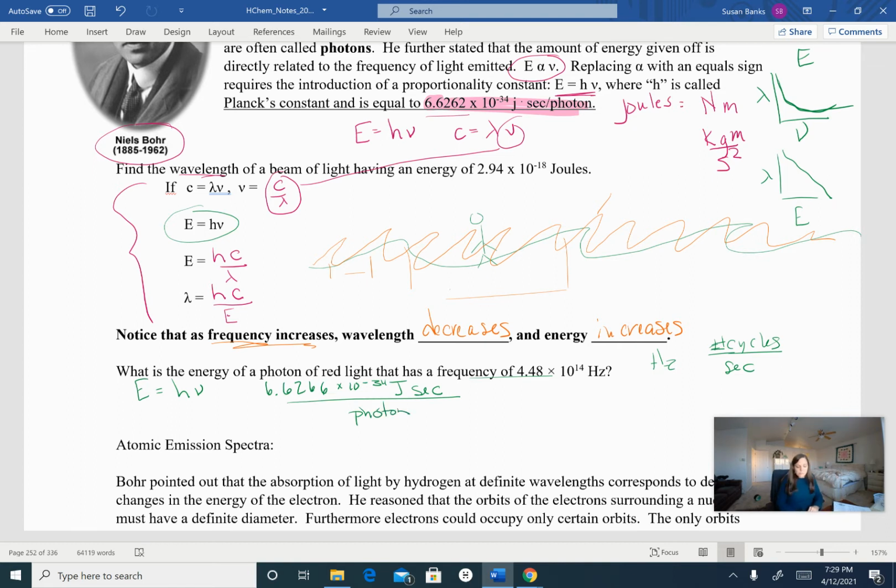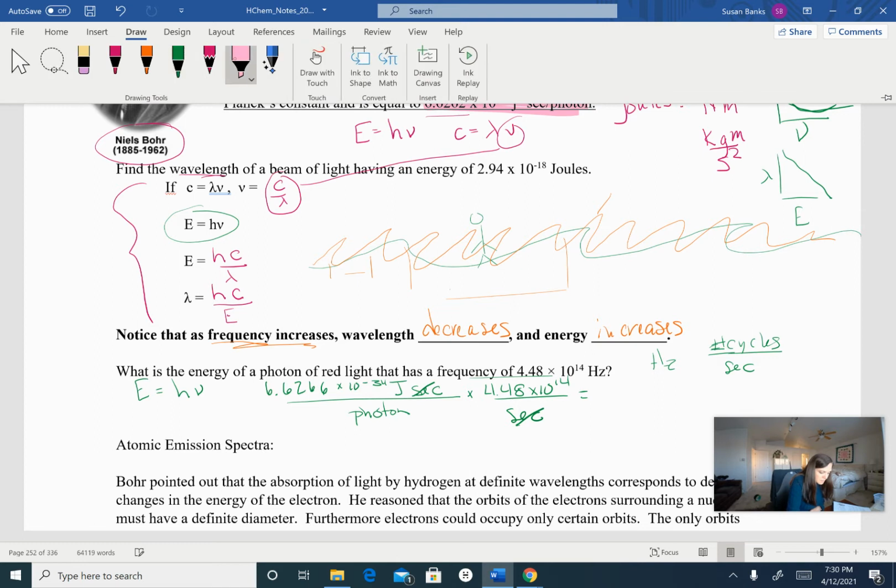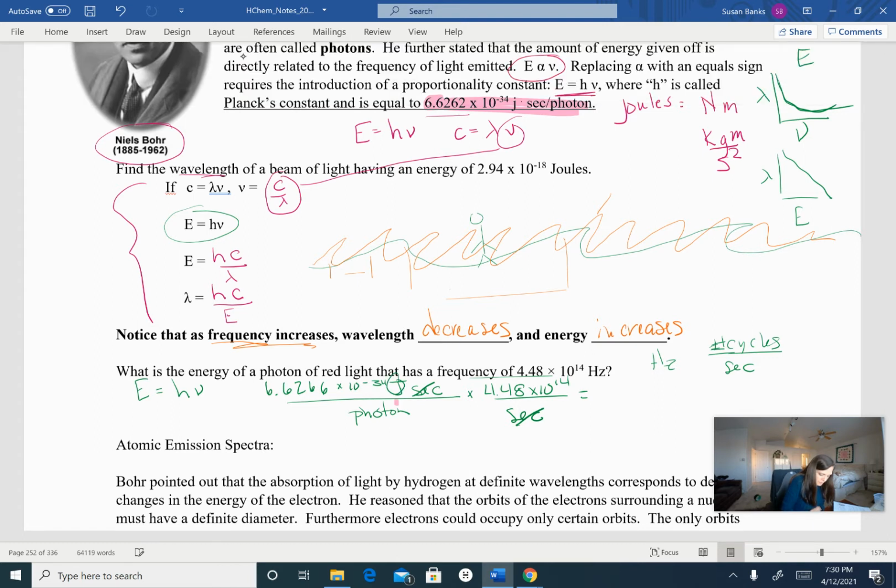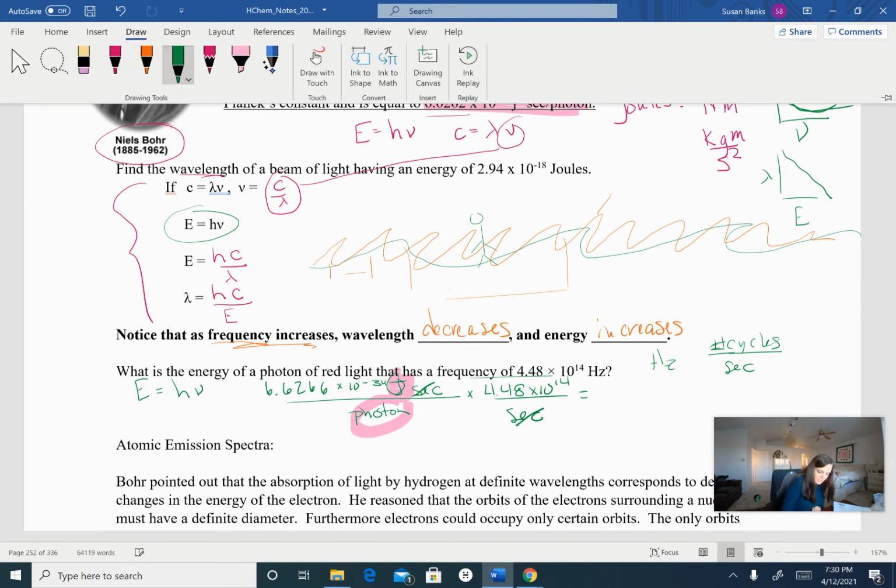And we are going to multiply this by our frequency, which is 4.48 times 10 to the 14th. And remember, hertz is per second. So this is going to cancel the seconds out. That leaves us with joules per photon. Okay, so energy per photon is how we're going to read that.